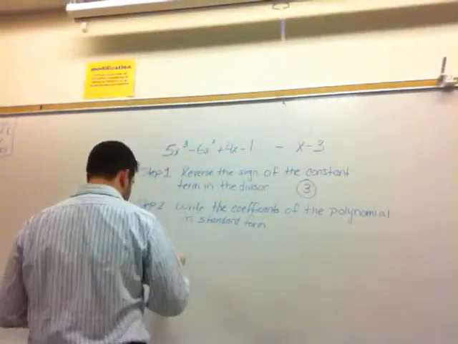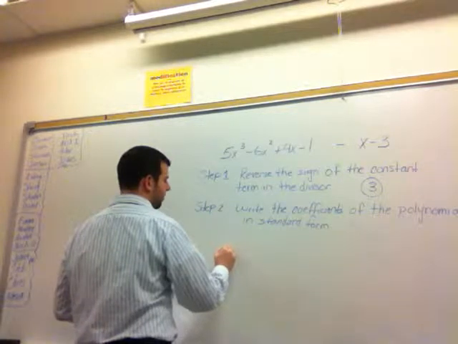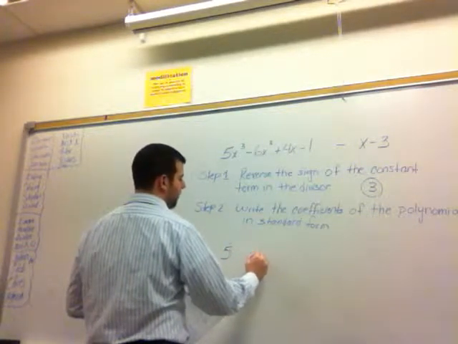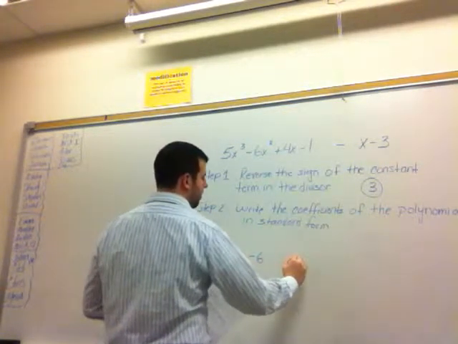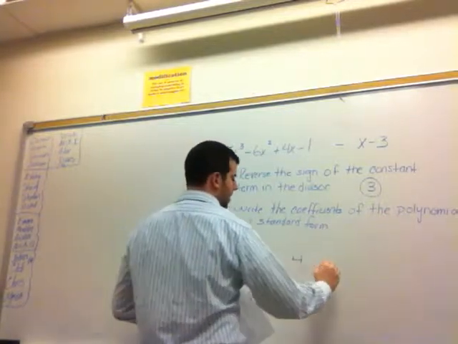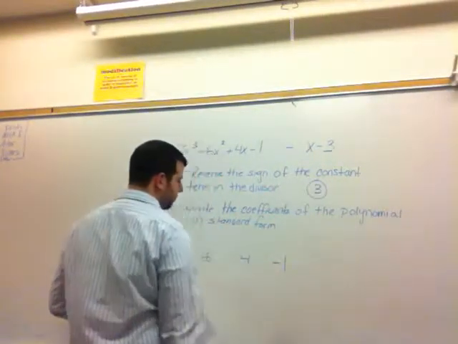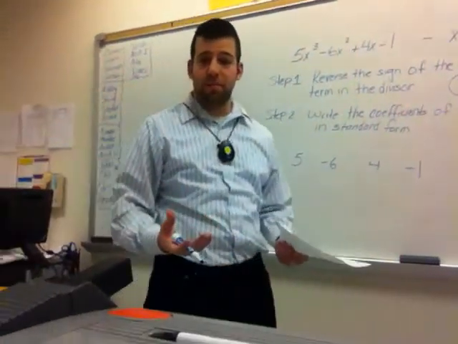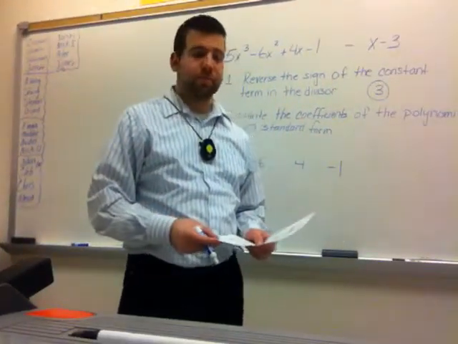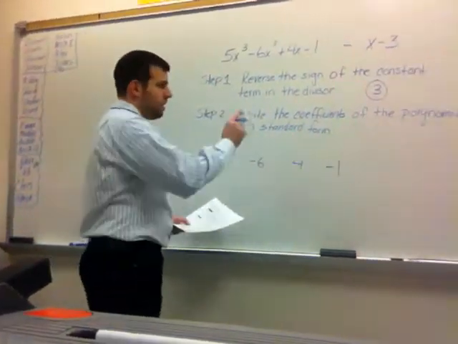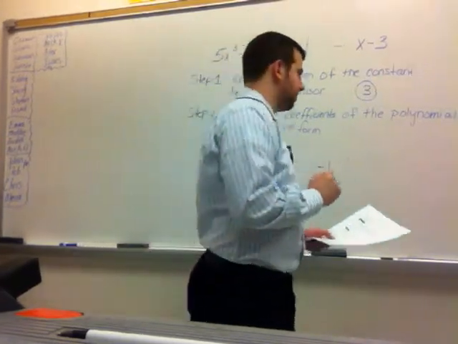We're going to write these in order: 5, -6, 4, and -1, omitting all of the variables. I'm going to move up here just so we have a little bit more room.